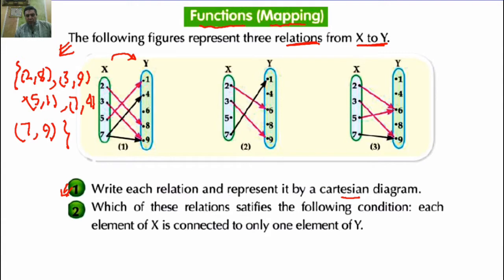This is the first relation. We notice that the element 7 is repeated in two ordered pairs.